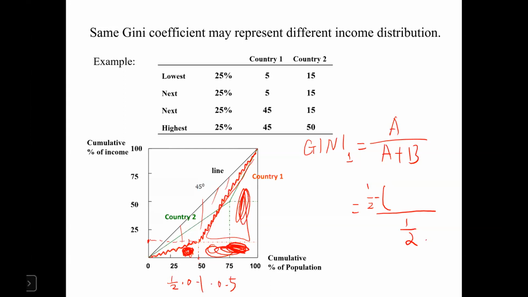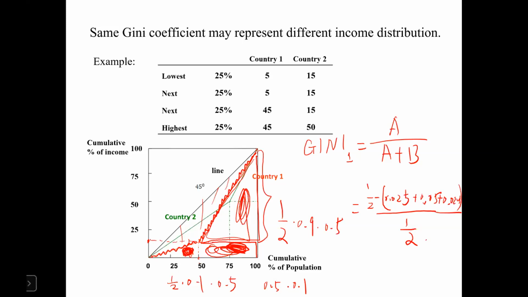So 0.05, and equal to 0.025. And this rectangle equals 0.5 times 0.1 plus 0.05. And finally, this bigger triangle equals 1/2 times, because this distance is 90%, 0.9, times 0.5, right? So that's going to give you 0.0225, I believe.